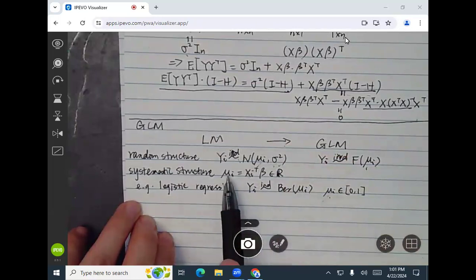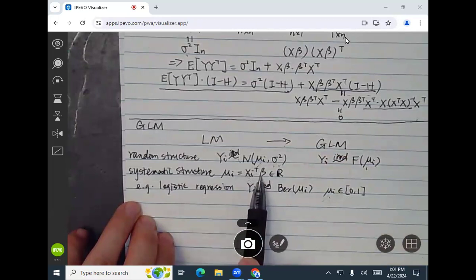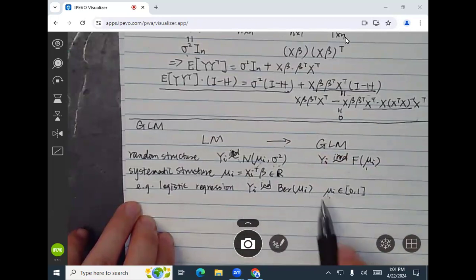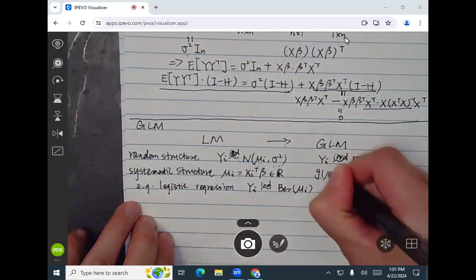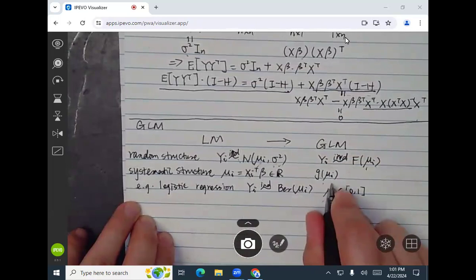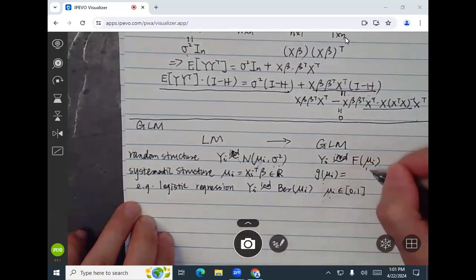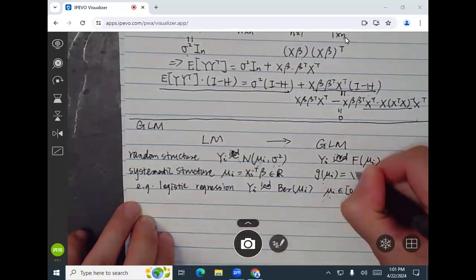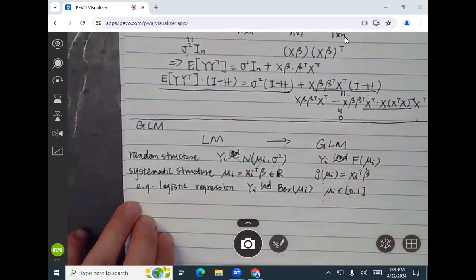So the range of mu i for the Bernoulli would not match the range of x_i transpose beta. Therefore, we will need some monotone transformation of mu i so that this will become real valued. So we call this g of mu i equals x_i transpose beta.